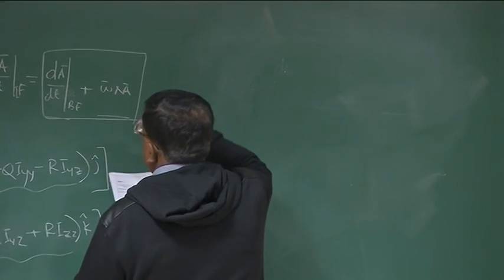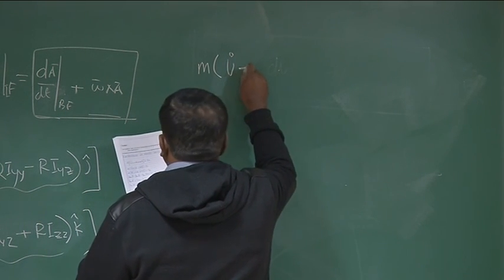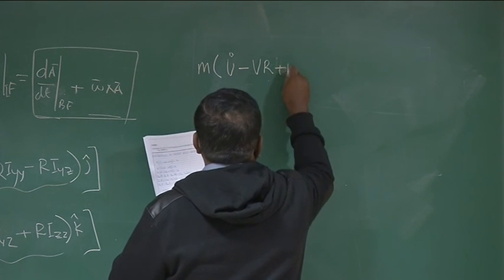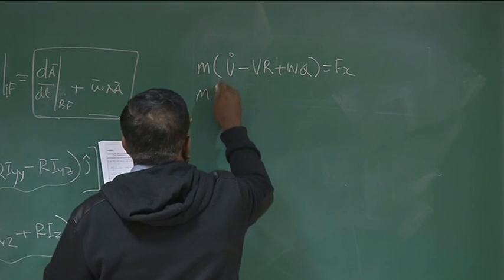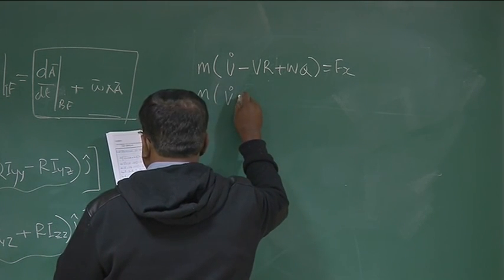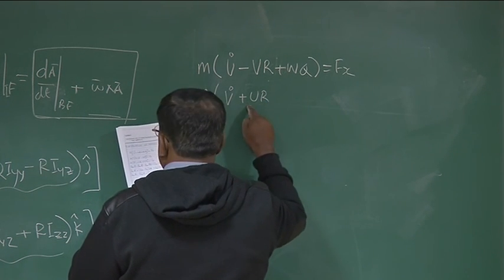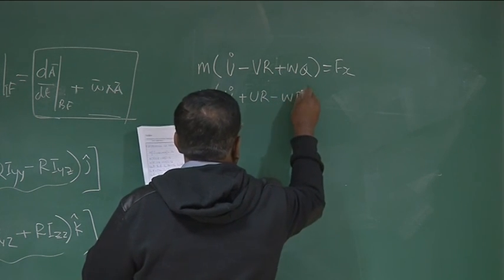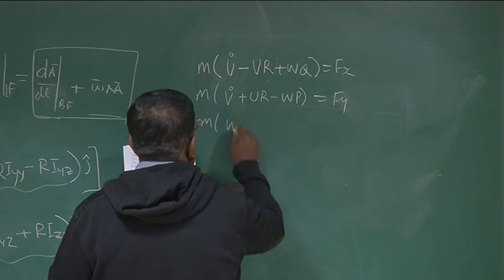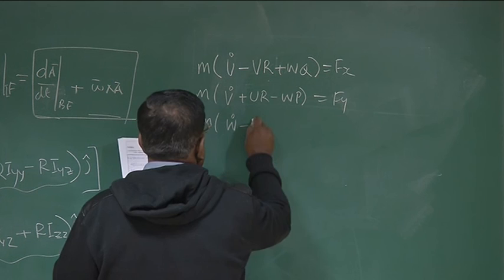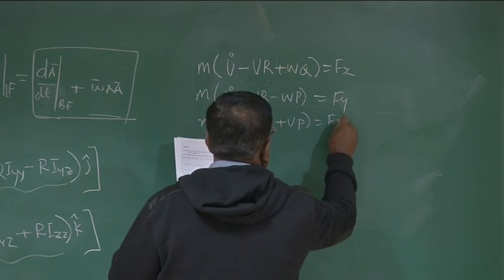So once you do this part, already you have seen m u dot minus vr plus wq is equal to fx, and you know m v dot plus ur minus wp will be equal to fy, then m w dot minus uq plus vp is equal to fz.